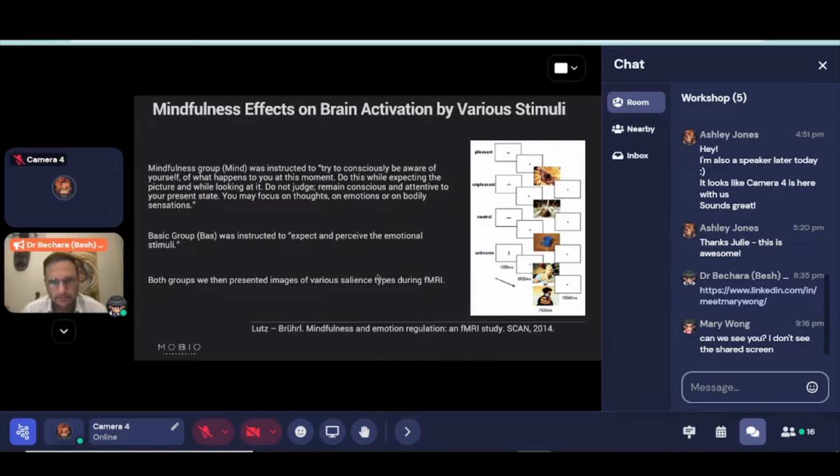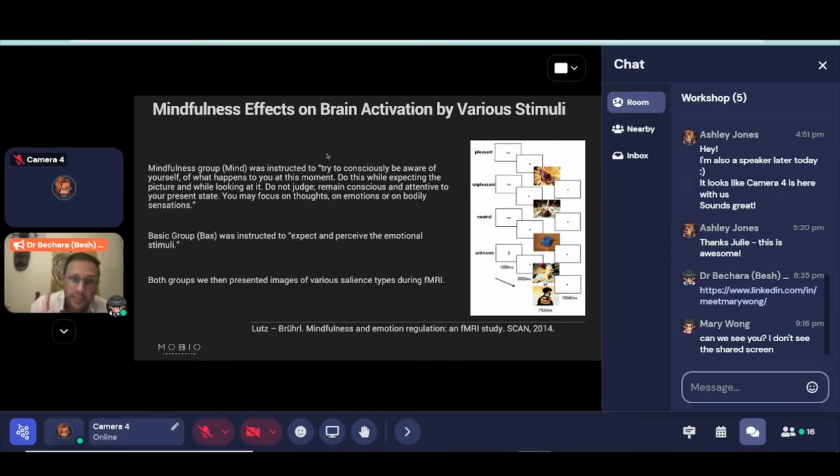So in this case, the experiment is going to show the participants a number of different images in a very particular order, imaging their brain all the while. But there's two groups of people. One group, they call the mindfulness group, was given these very specific instructions: Try to consciously be aware of yourself, of what happens to you at this moment.